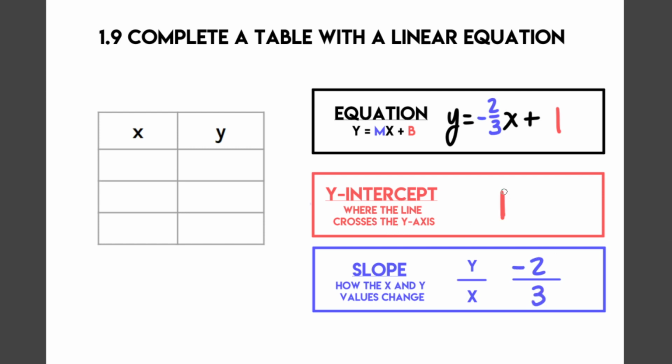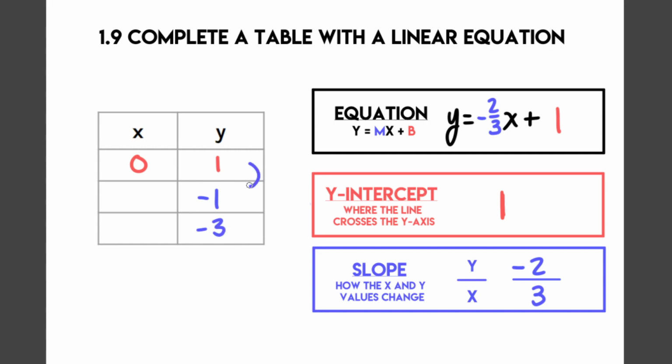Once again, where the line starts, where the line crosses the y-axis, at 0 and 1. So I'll start off at 0 and positive 1. Now when I'm looking at my change, my y value this time is going to be going down by 2. So it's going to start at positive 1, go down by 2 to negative 1, and go down 2 more to be a negative 3.